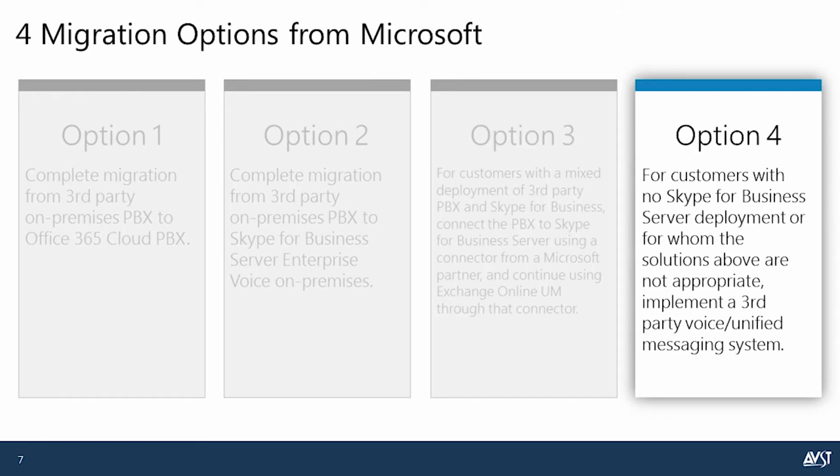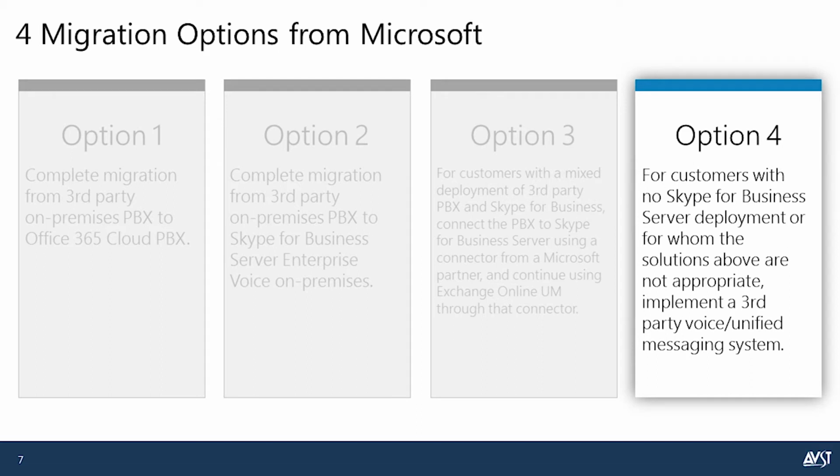Option number four, for customers where option number 1, 2, or 3 doesn't work for them, the other option is to deploy an alternative unified messaging system. And that system could either be hosted or on-prem, but essentially the system will integrate to your third-party PBX and integrate into that Exchange Online or the Office 365 environment.